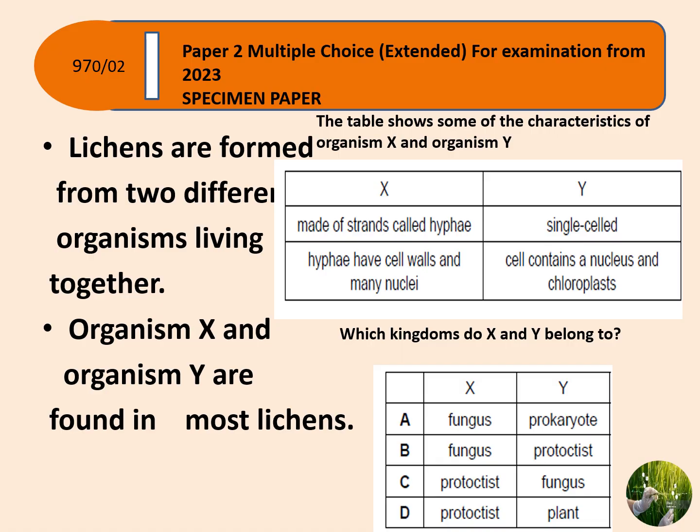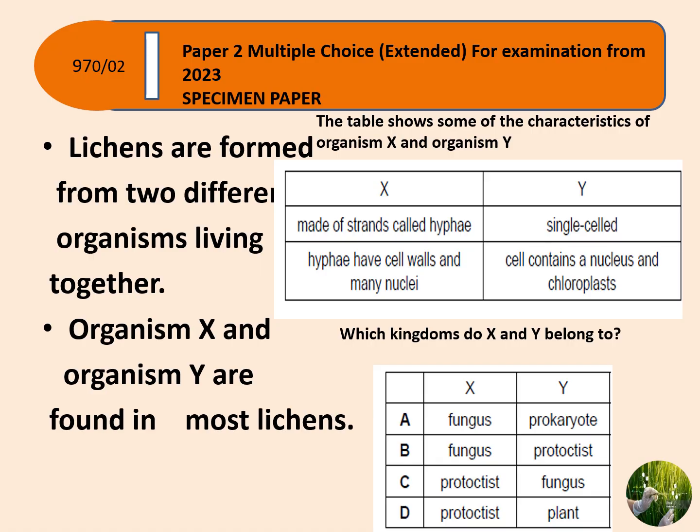but it contains a nucleus and chloroplast. Now, single-celled ones are either prokaryotes or protoctists. You can distinguish prokaryotes from protoctists because although they are single-celled, protoctists have various organelles.